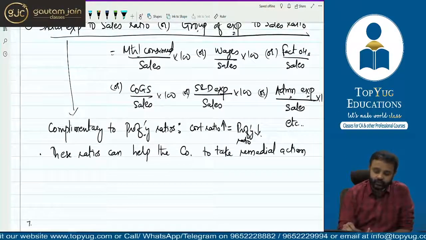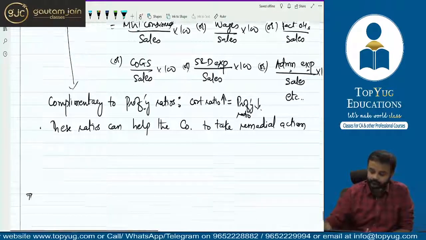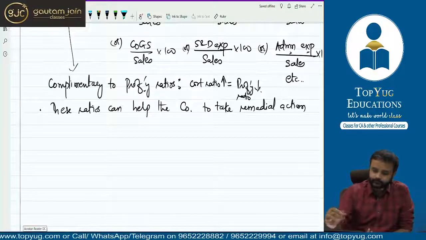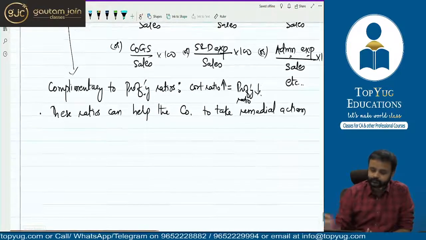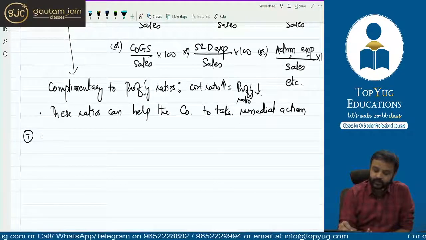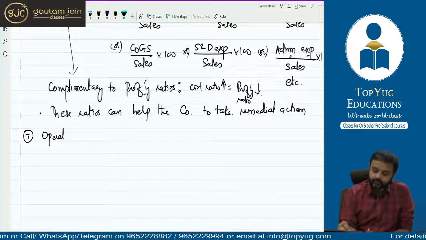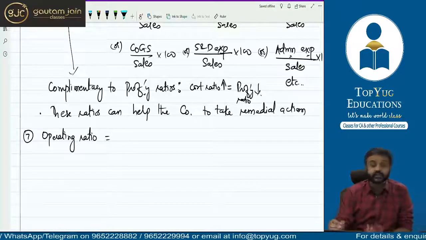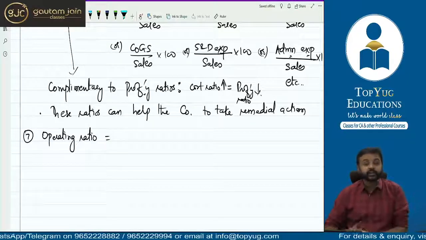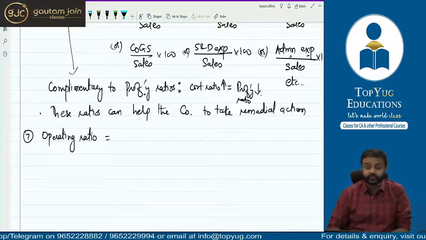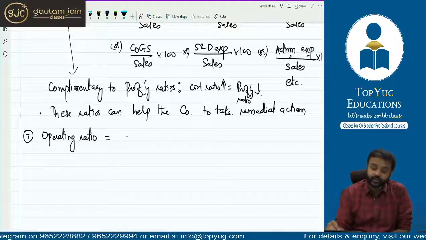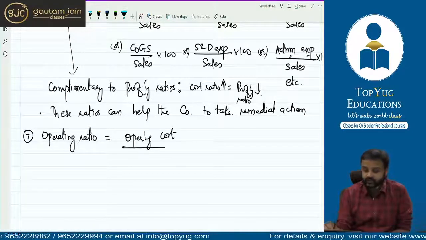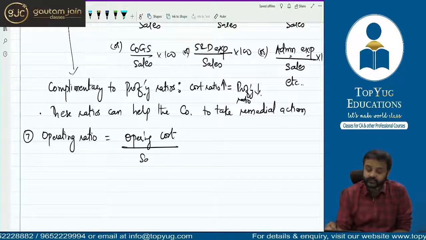Now let's talk about one more here. Operating ratio. Earlier was net profit ratio or net operating profit ratio. Now we're talking about operating ratio. So we're talking about operating cost divided by sales.